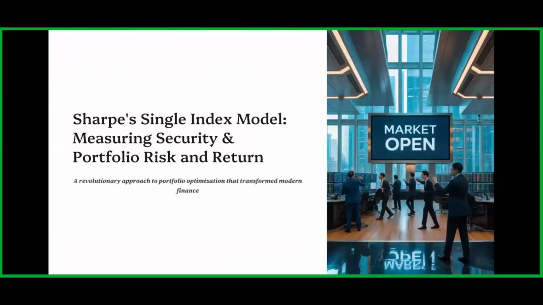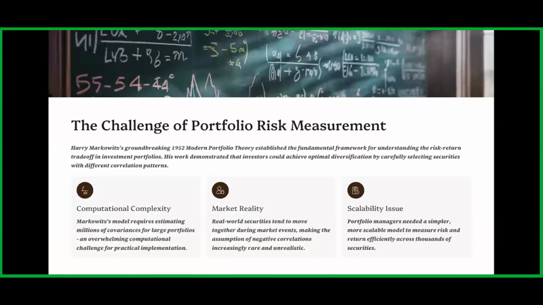The single index model gives us the relationship between the risk and return of a particular company without comparing it with hundreds of companies. So this is the model given by Sharpe, the single index model.